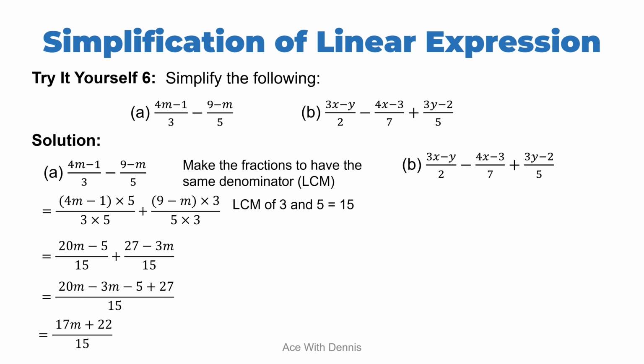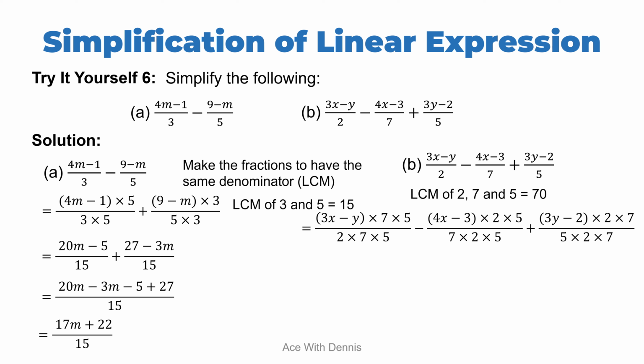For B, the LCM of 2, 7, and 5 is 70. Hence, we have 3x minus y times 7 times 5 over 2 times 7 times 5 minus 4x minus 3 times 2 times 5 over 7 times 2 times 5 plus 3y minus 2 times 2 times 7 over 5 times 2 times 7. We get all the fractions with the same denominator, which is 70.